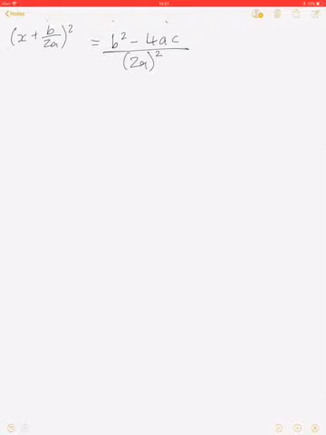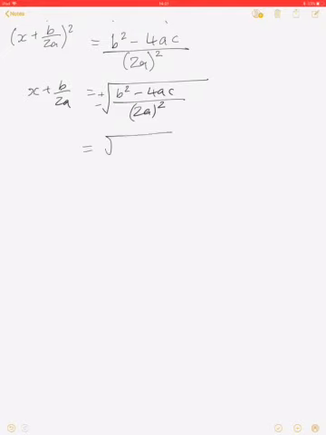If I square root both sides then, I get x plus b over 2a, not squared anymore, equals the square root, either positive or negative, of b squared minus 4ac all over 2a squared. And the square root of that quotient, that fraction, is equal to the square root of the numerator divided by the square root of the denominator.